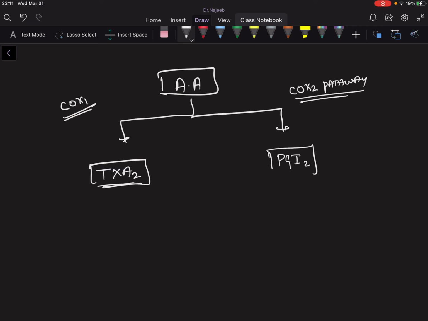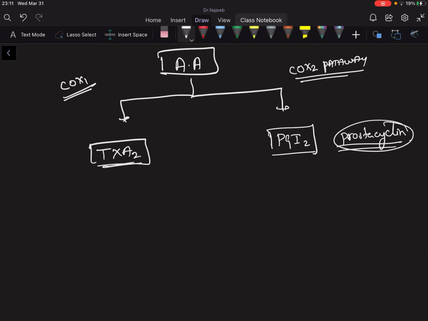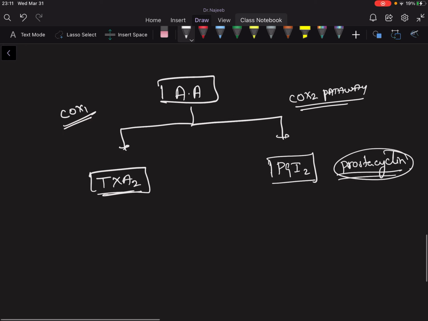PGI2 is also called prostacyclin. So what is the importance of this COX1 and COX2 pathway? There are drugs which will inhibit them, called selective COX1 inhibitors and selective COX2 inhibitors. What is the importance of this?